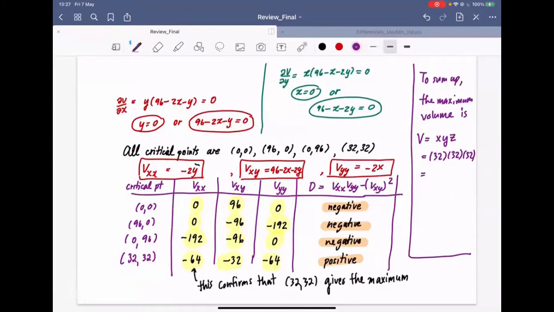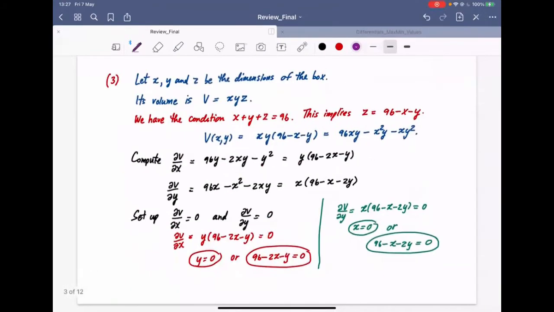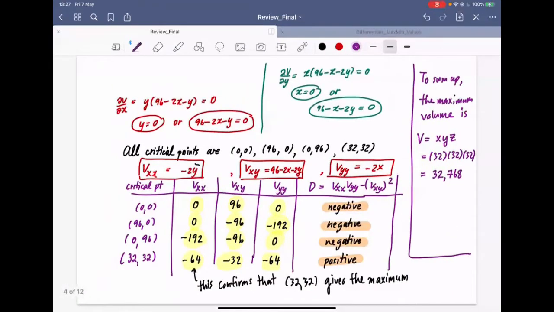And that means the volume is 32,768. The unit is whatever unit they give you, cubic inches I think for this question.